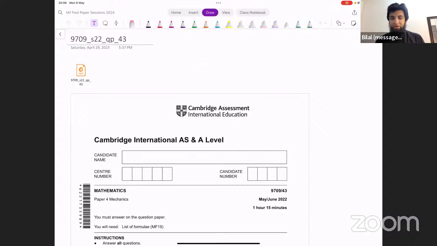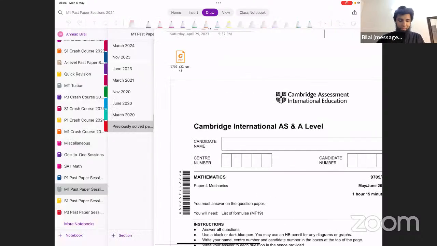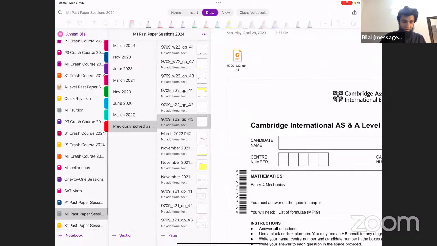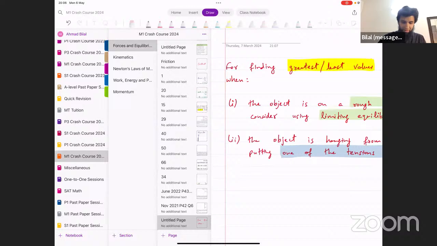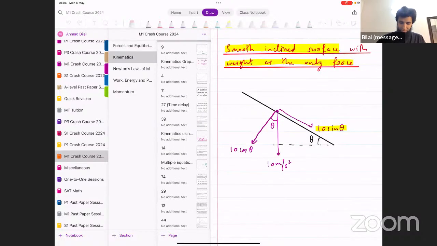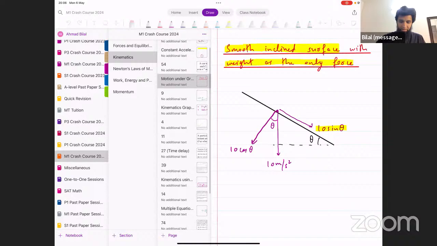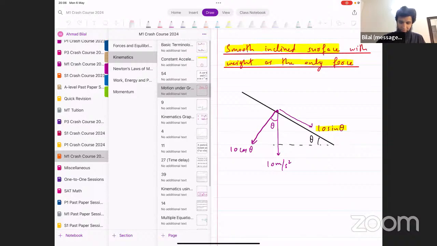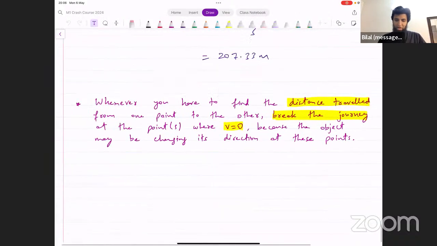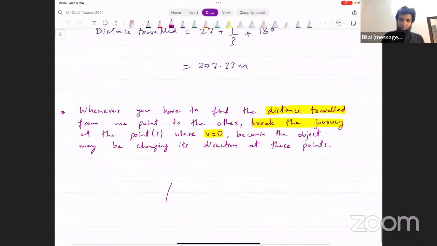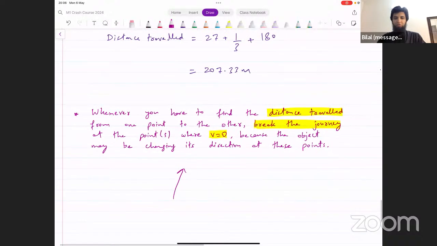Yes, Abdullah, that's correct. So in kinematics, when do you have to break your journey into parts? I'll go back to that question in a moment, but this is a quick one, so I'll answer it right now. In kinematics, when you have to find distance traveled from one point to the other, you have to break the journey at the points where v equals 0.